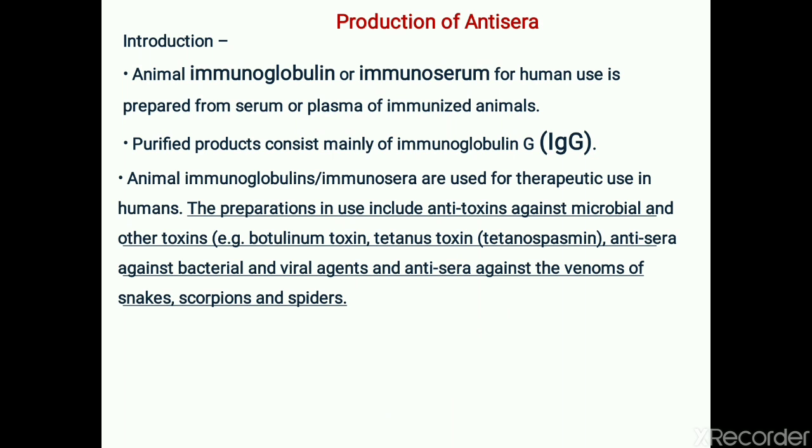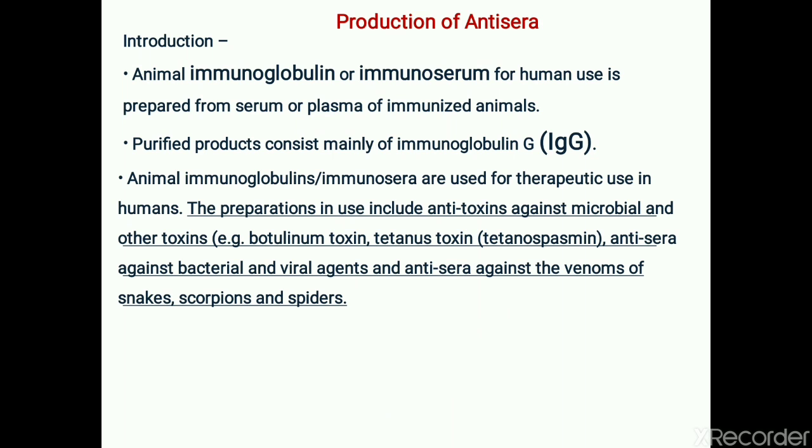These preparations in use include antitoxins, that means antibodies raised against specific toxins such as microbial and other animal toxins, for example, botulinum toxin, tetanus toxin, antisera against bacterial and viral agents, and antisera against the venoms of snakes, scorpions, and spiders.